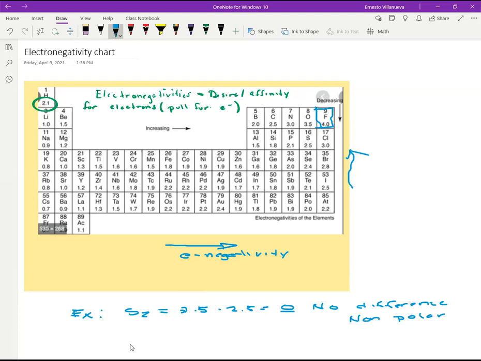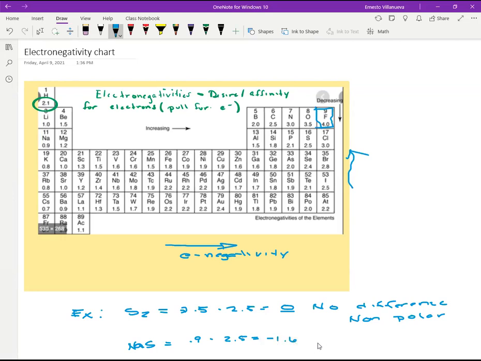Let's take that same compound, that's the same molecule, and let's do it with sodium. NaS. Well, the sodium has an electronegativity of 0.9. Sulfur has an electronegativity of 2.5. So if I take the difference between 0.9 and 2.5, I end up with a difference of negative 1.6.